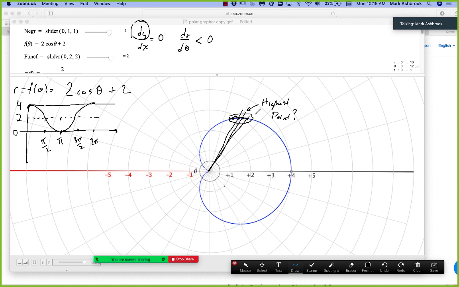So what would be another way to find that highest point? We need y to not change, but our function is in terms of theta. So what could help us? What about dy/d theta equals 0? For a little change in theta, we want y to stay constant.